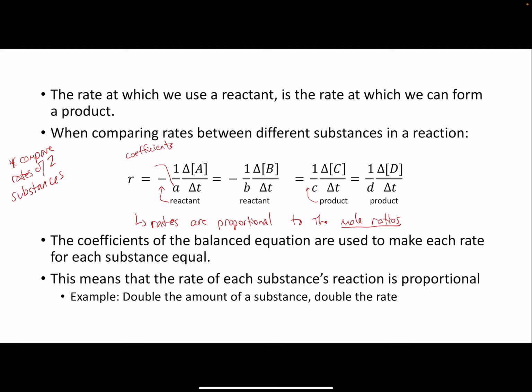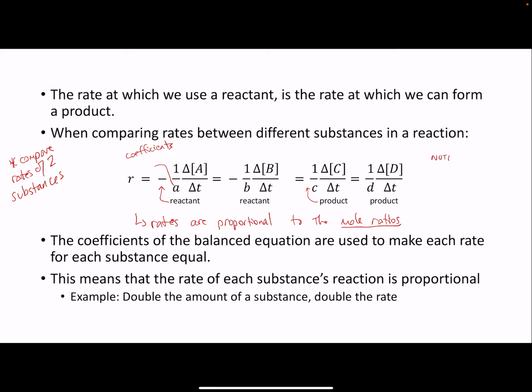To compare, if we think back, ratios involve two substances. This relationship just states that you can make equivalent ratios between any two substances in a reaction, whether they're both reactants, both products, or one of each.